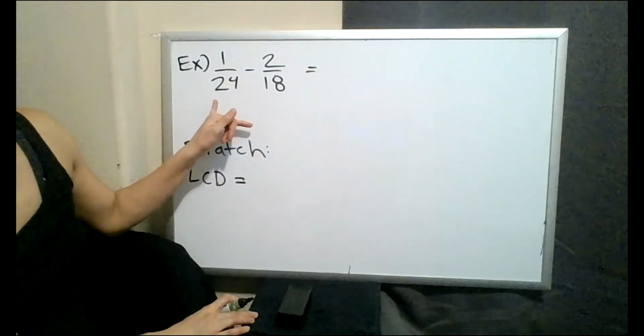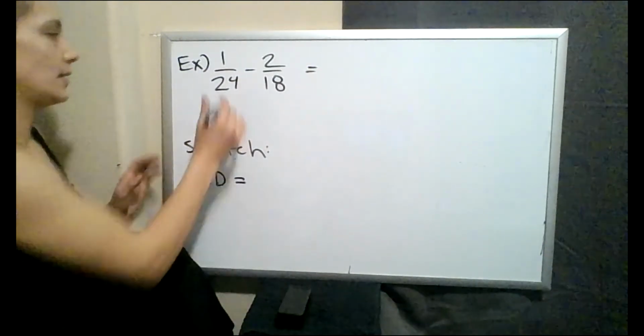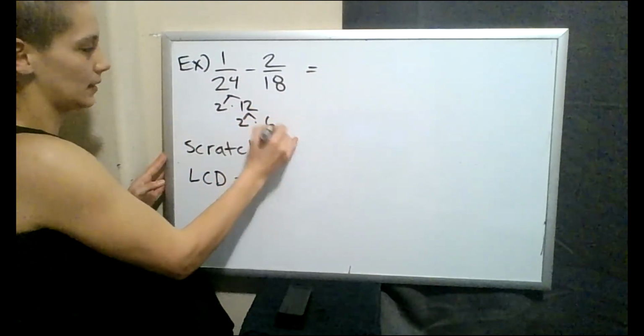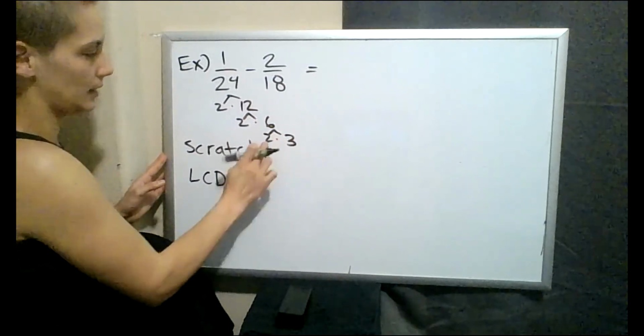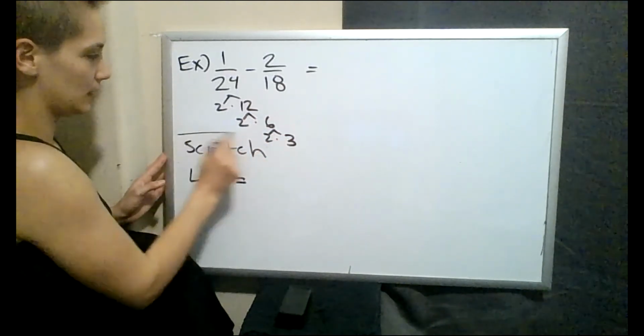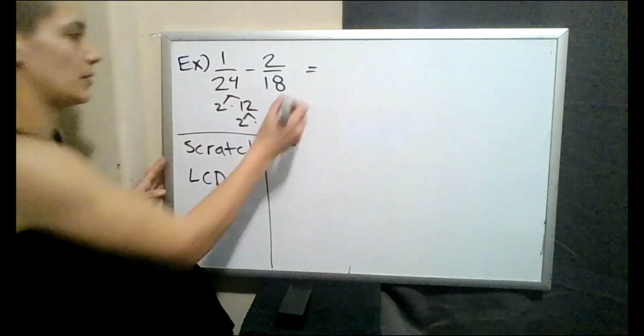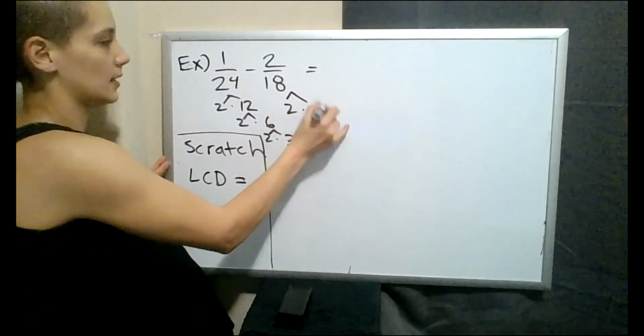Alrighty, 24 factors into 2 times 12, factor 12. 18, I'm going to write 2 times 9.